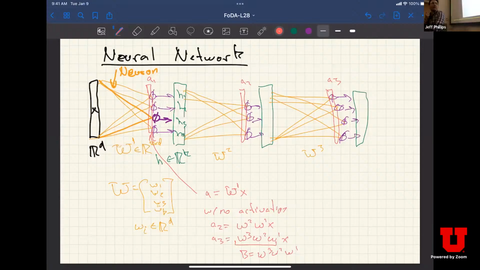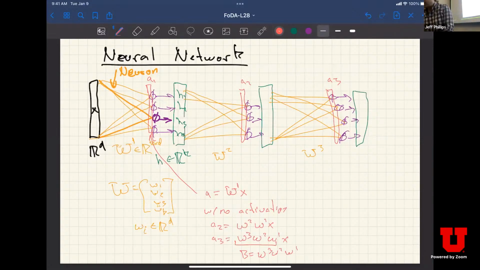So if I don't have the activation, I might as well just learn one matrix. The extra matrices don't give me any more representational power if I don't do some sort of nonlinear activation in between. All right, so the activations are essential. Otherwise, you're just finding these linear regression or these linear models.